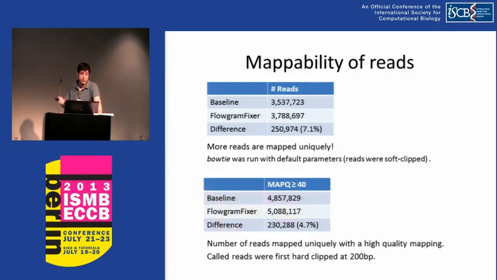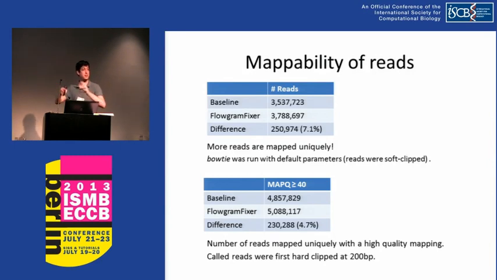Another metric for comparison is looking at the map quality of the beginnings of the reads. This is also a metric that appears in the automatically generated reports of IonTorrent, so this is why we wanted to look at it. What you actually do is chop the first 200 nucleotides of the read and align them to the genome. This actually gives the IonTorrent baseline algorithm a big advantage because, as you recall, the noise happens towards the end of the read.